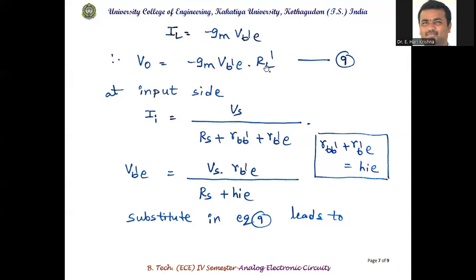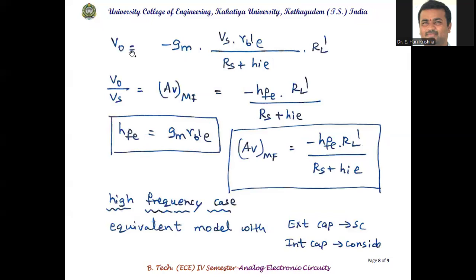Substituting this in equation number 9 in place of VB dash E gives V0 equal to minus GM Vs into RB dash E divided by Rs plus HIE, into RL dash. Taking Vs back to the left side, V0 by Vs is the mid-frequency voltage gain.